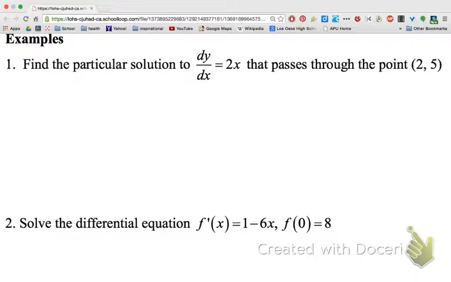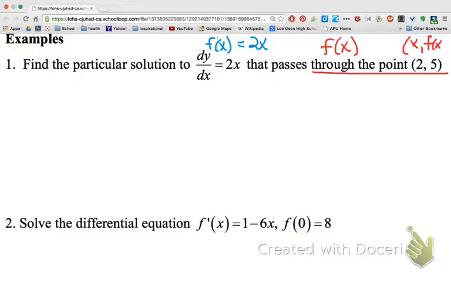So here's my first differential equation. Remember, this is really f prime of x equals 2x. And notice that I have some extra information, that the original function f of x goes through this point, which means, of course, I know x and I know f of x at a particular spot on that curve.